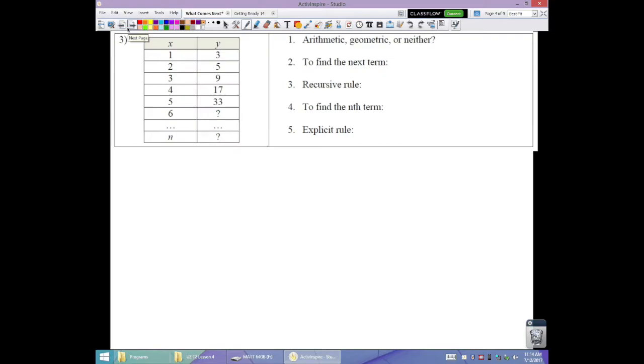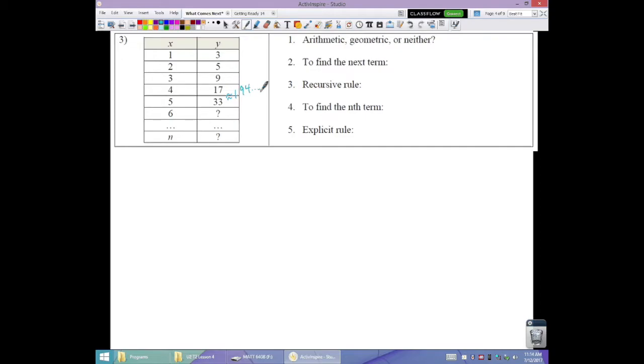Number 3, I can see 33 minus 17 is 16. 17 minus 9 is 8, so it can't be arithmetic. To try for geometric, 33 divided by 17 is a long decimal, 1.94, and so on.